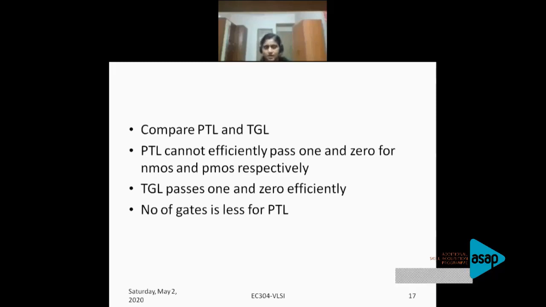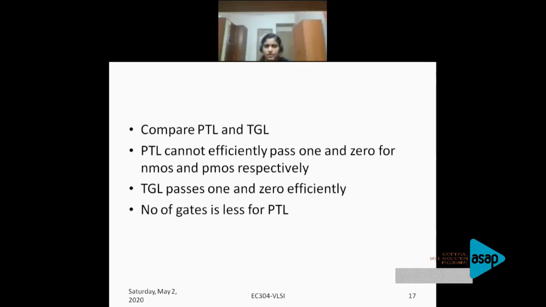But you can consider that not much of a greater advantage, given that even though the number of transistors is less, PTL fails in that it cannot efficiently pass 1 or 0. So that is not a big advantage to point out, but it is just for comparison. Okay, so this is in short how you compare pass transistor logic and transmission gate logic.